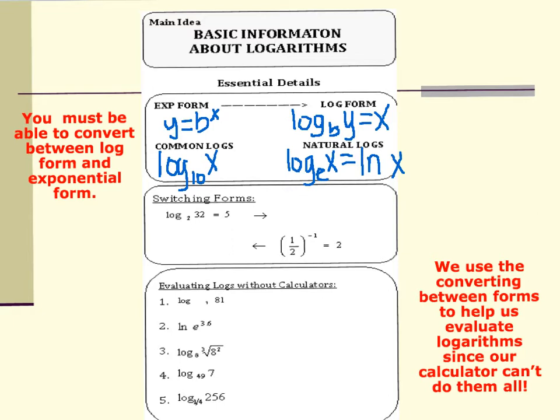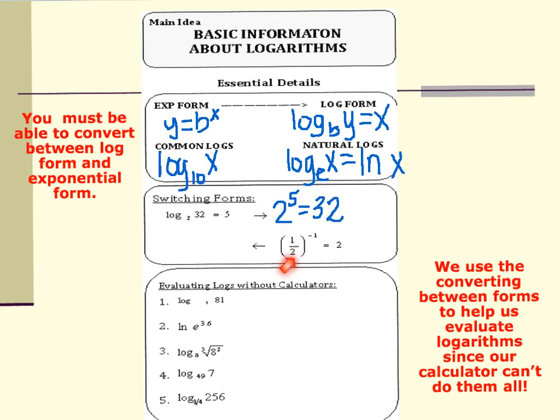So switching between forms, this is something you have to be able to do. If you notice, here's my base, and the exponent is what's on the other side of the equal sign. So we'd say 2 to the 5th equals 32. And let's go in the other direction here.